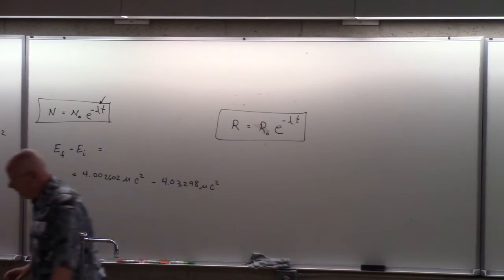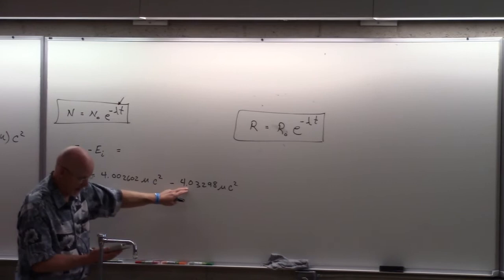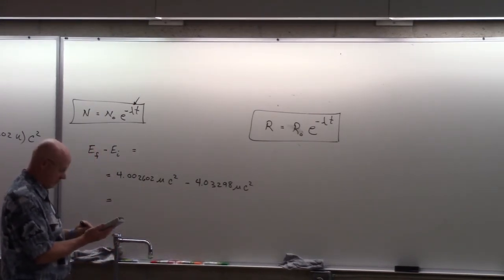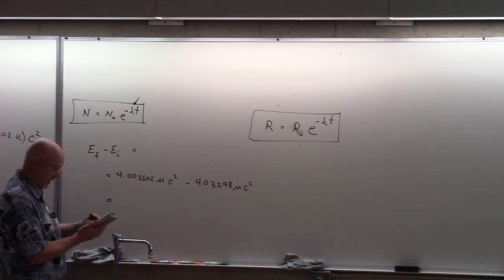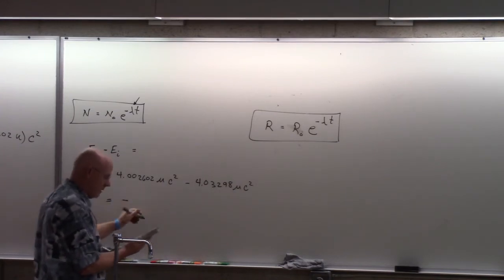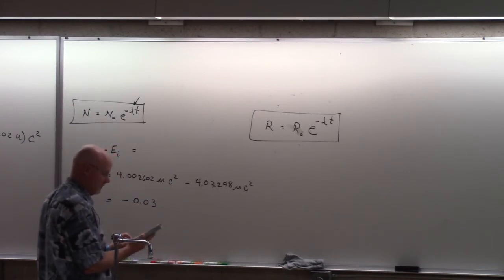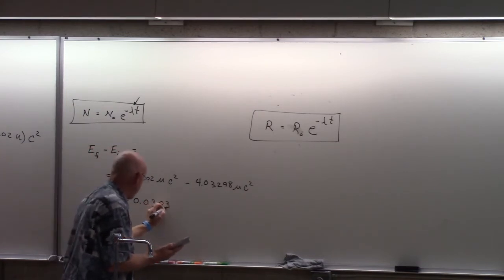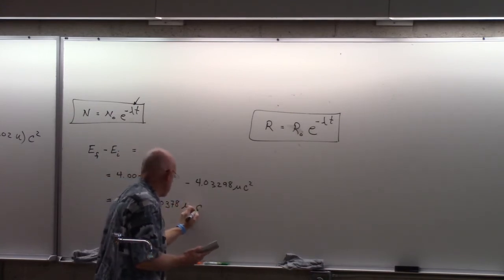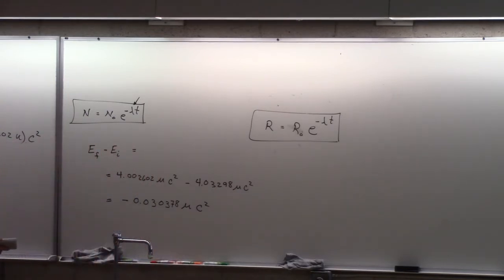And so grabbing my calculator here, and I guess I still have that in my calculator, so let me put this 4.002602 minus the last answer is a negative, and okay, 0.0378 atomic mass units times c squared.